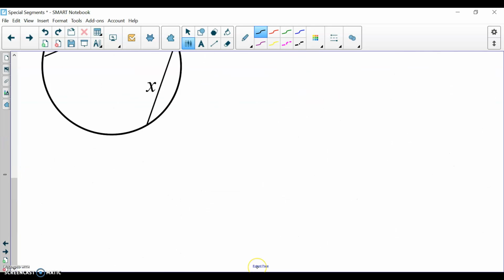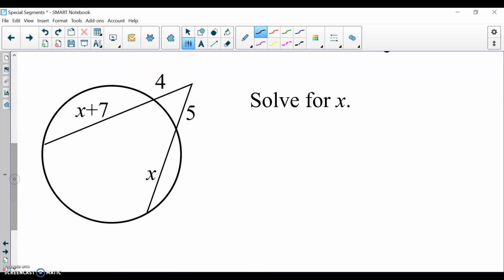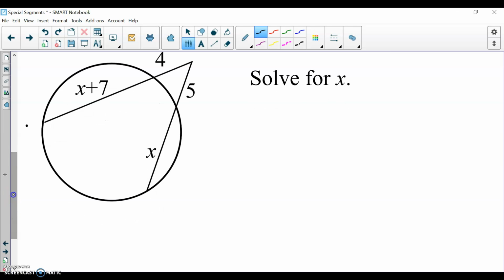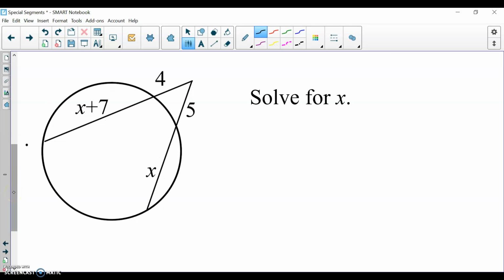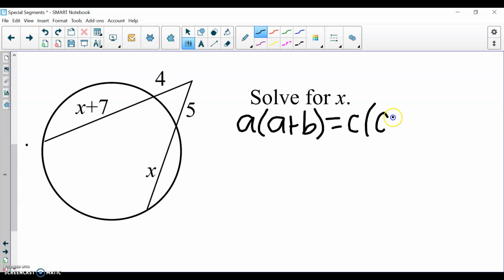I do have a second example to go over with you. Again, it's two secants because they intersect the circle twice. So for the formula, a times a plus b equals c times c plus d, so the outside times the whole secant segment.